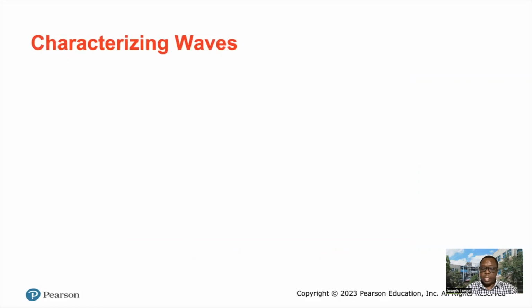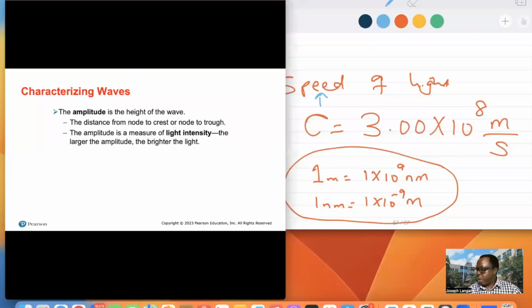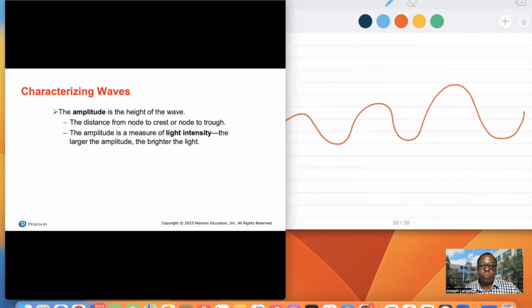So characterizing a wave, there is the amplitude, which we need to reproduce. If I were you, I'll have this. So the light is traveling like a wave. You need to know the distance between two crests is right here.